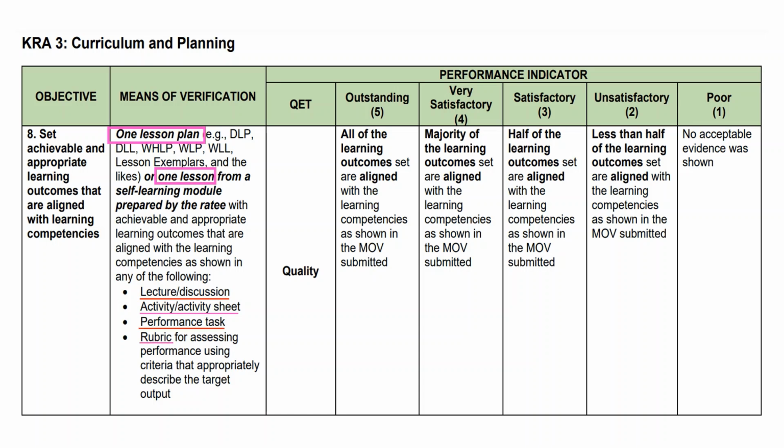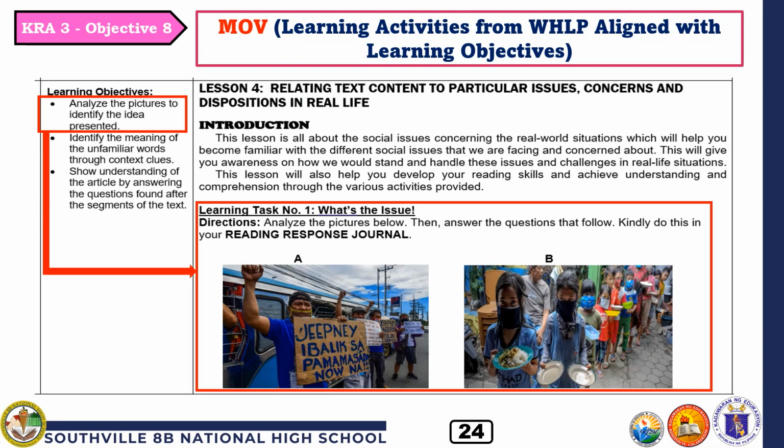You'll get 5 if all of the learning outcomes set are aligned with the learning competencies. 4 if the majority of the learning outcomes set are aligned with the learning competencies. 3 if half of the learning outcomes set are aligned with the learning competencies. 2 if less than half of the learning outcomes set are aligned with the learning competencies. This is my WHLP.